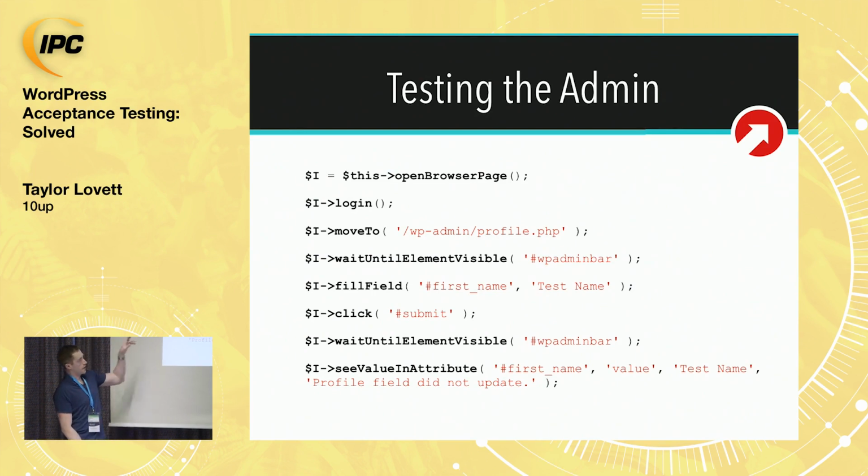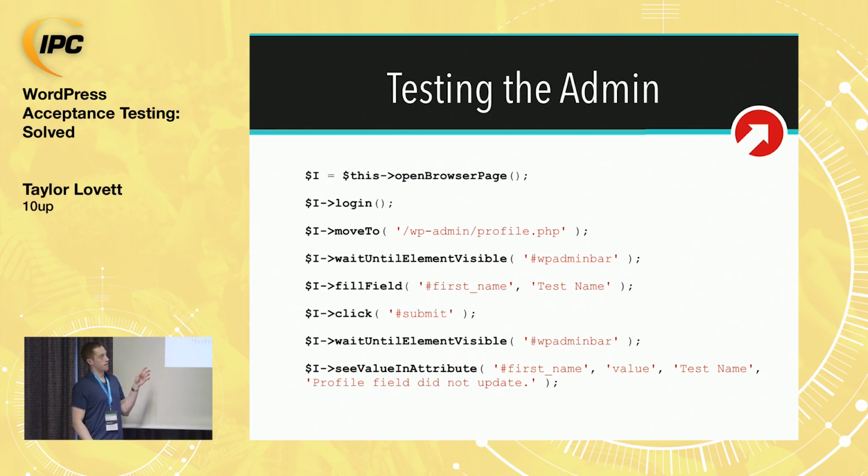After we move to a page, we typically call some sort of wait function. If anybody's ever done anything with Puppeteer or Codeception, typically after you do something, you need to wait to make sure that the browser has finished loading. So we're waiting until an element is visible, and that's the WordPress admin bar CSS selector.